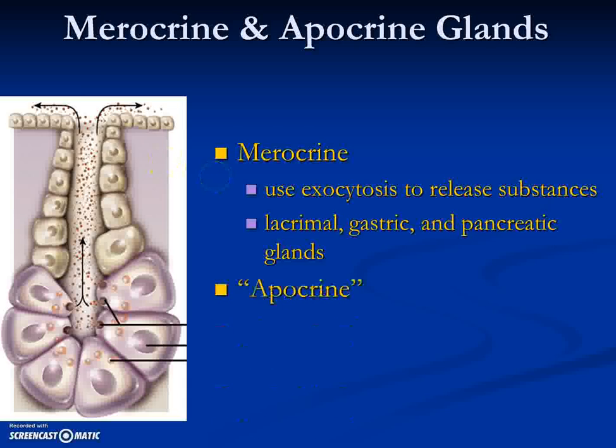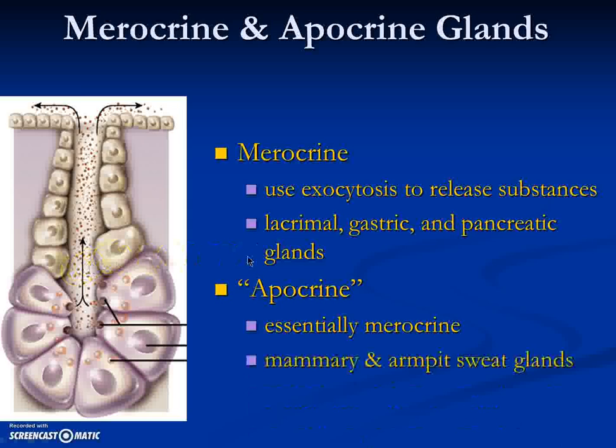Now, an apocrine gland is a fancy merocrine gland, and generally the difference is not only does it release the products, but they also get some cell cytoplasm within that vesicle, and that's released with it. Now, with that, there's oftentimes some amino acids that get released from the cell cytoplasm, and the thing about that is that bacteria tend to like these secretions.